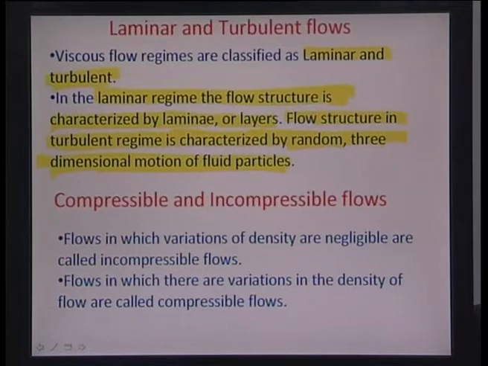We can also categorize, so we have already classified fluids as viscous and inviscid. We have categorized fluids into laminar and turbulent. We can also categorize fluids into compressible and incompressible, and essentially the main difference is that in compressible flows there are variations of density along the fluid medium, whereas in incompressible flow we assume the density to be just a constant across the whole continuum of the fluid.